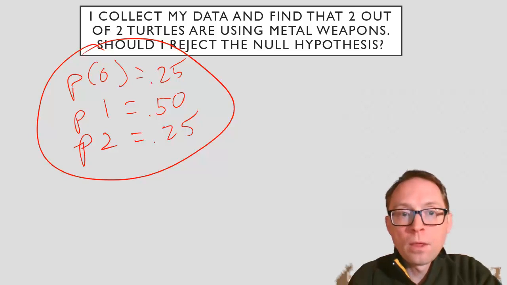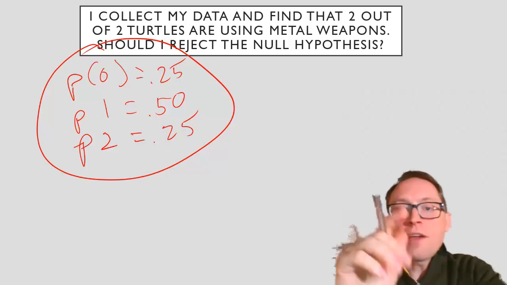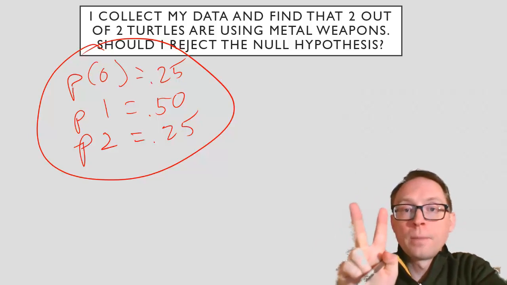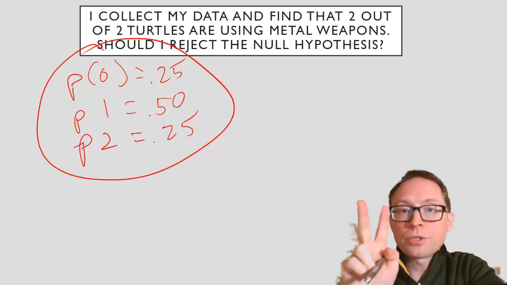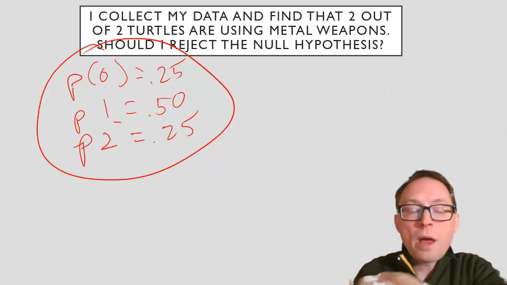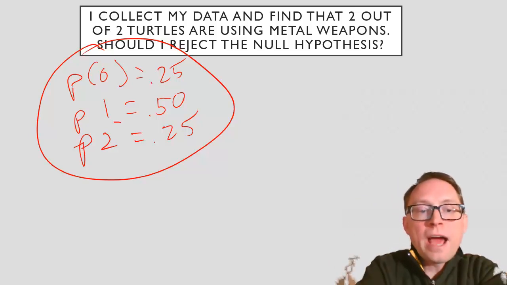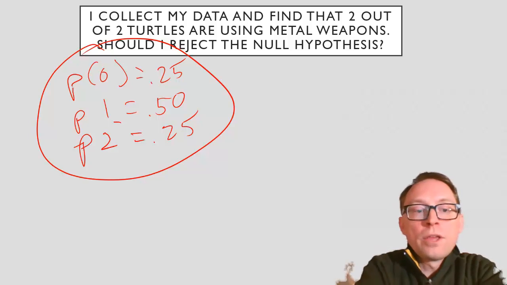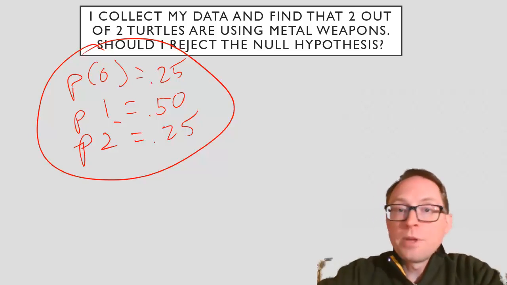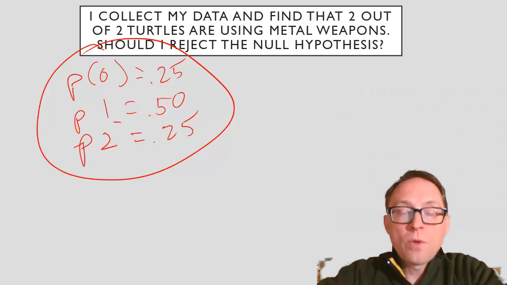What that's saying is that if I find that when Shredder is on fire, 2 turtles are using metal weapons, 2 out of the 2, that means the probability of that happening when the independent variable, Shredder being on fire, has no effect on the dependent variable, what kind of weapon you choose, is 0.25.